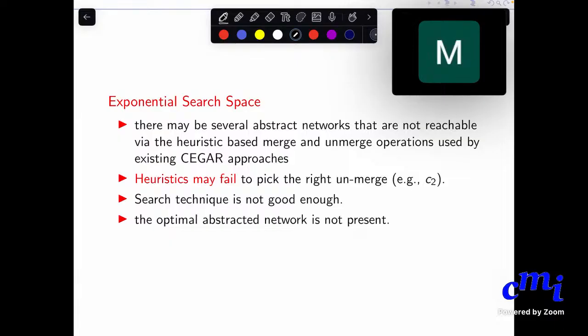Depending on that, we unmerge one of the nodes. So ultimately we are making a choice of which one to unmerge and which not to unmerge. We can clearly see this technique of unmerging from an abstracted node is failing to come up with a good enough neural network.